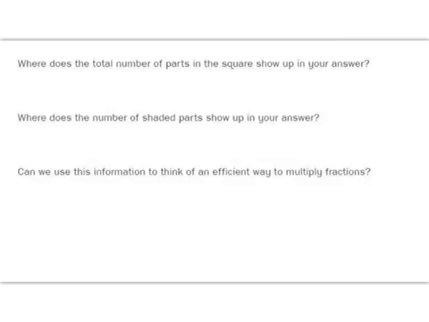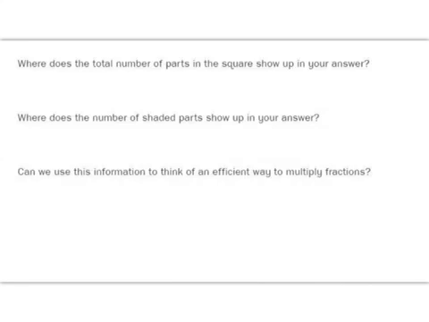Now, before we go getting all excited about what we're noticing, let's answer a few questions. Where does the total number of parts in the square show up in your answer? So when you're looking at the end, I want you to think where it shows up in your answer. Okay, you are correct.